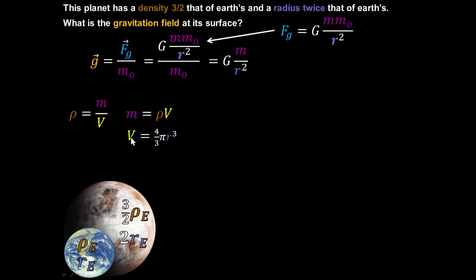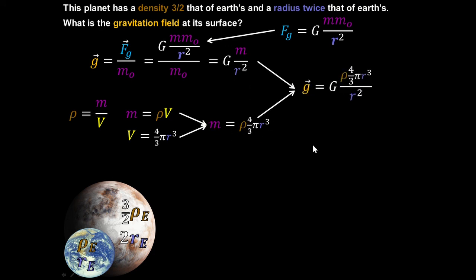One more thing first. It didn't give us anything about volume, but the volume of a sphere is 4/3 pi r cubed. So we can substitute that into there and get this. So that was density times volume was mass. Now we're going to substitute all of that into right there.